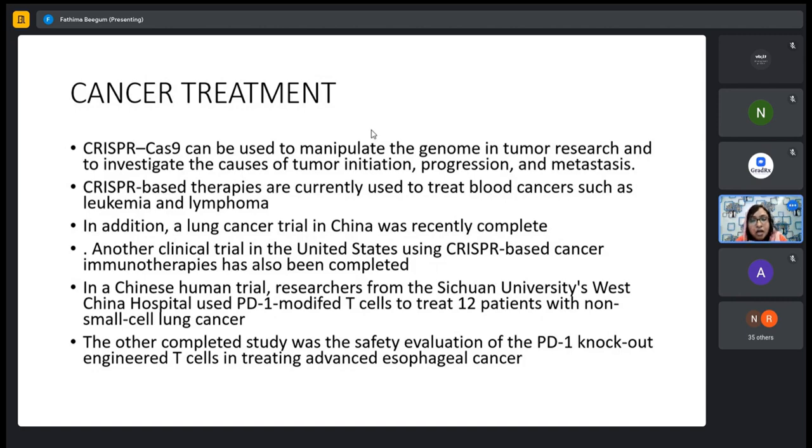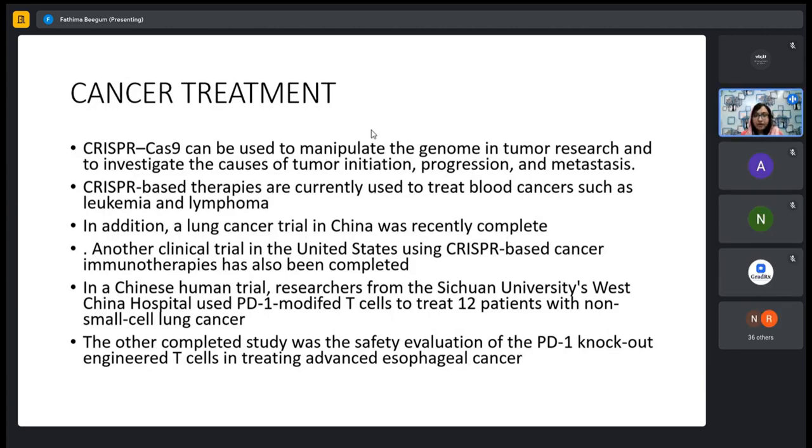Clinical trials are going on to treat leukemia and lymphoma, and in China one clinical trial has been completed for lung cancer. Then in the United States also, one clinical trial using CRISPR-based cancer immunotherapies has been completed, but the results are yet to be published. The scientific world is eagerly waiting for the results.